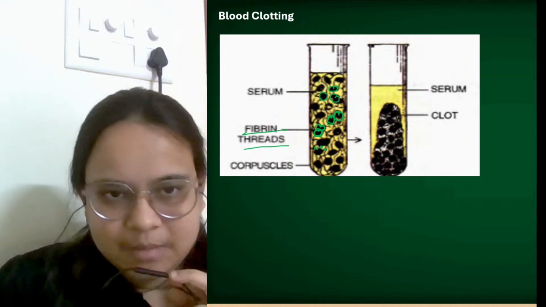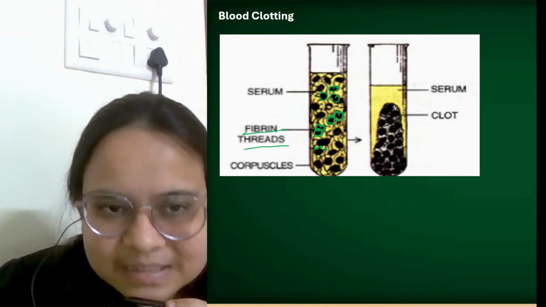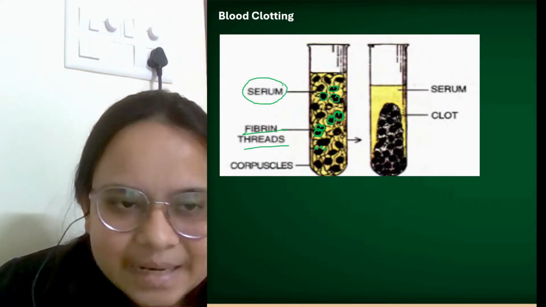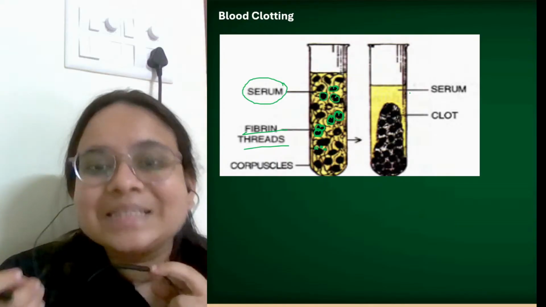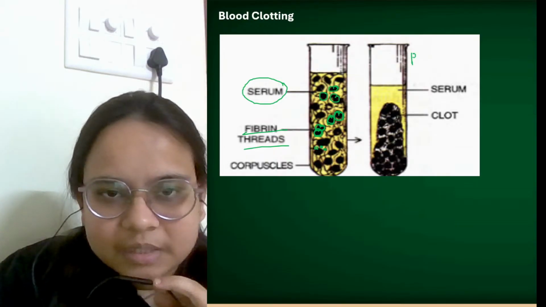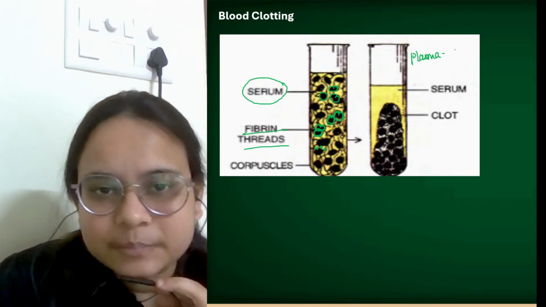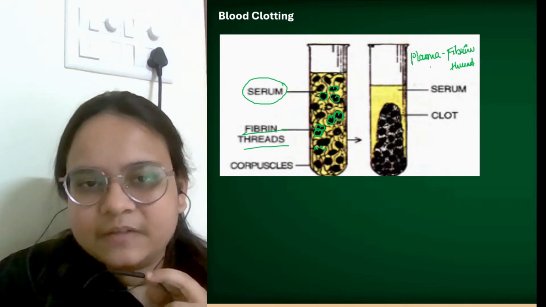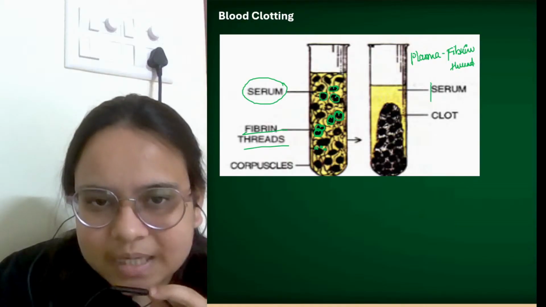And the left fluid that we can see, the yellowish colored fluid, is actually the serum. So if I ask what a serum is: if I remove this fibrin thread from the plasma, then the left fluid is called the serum.